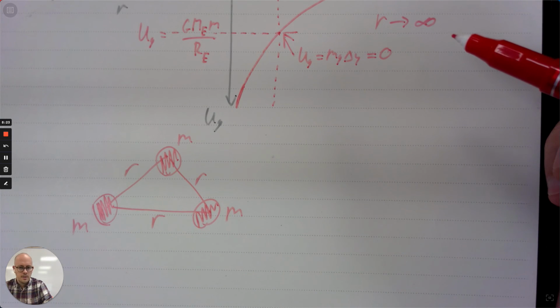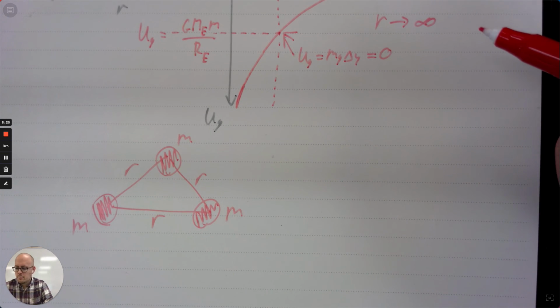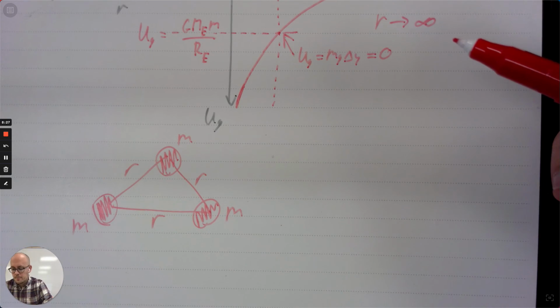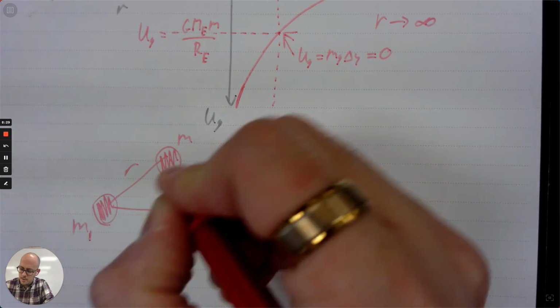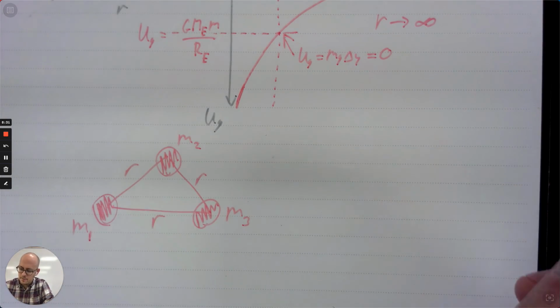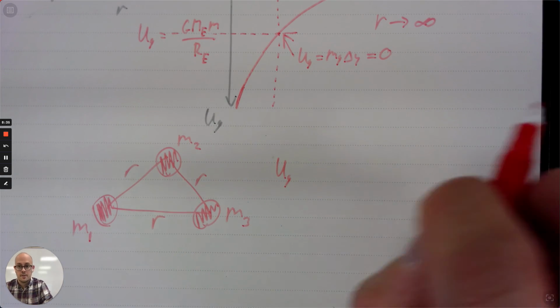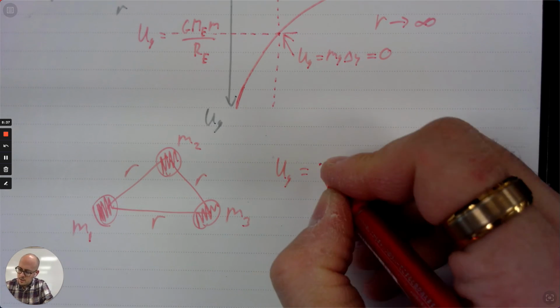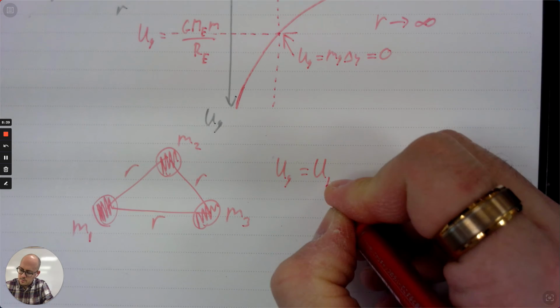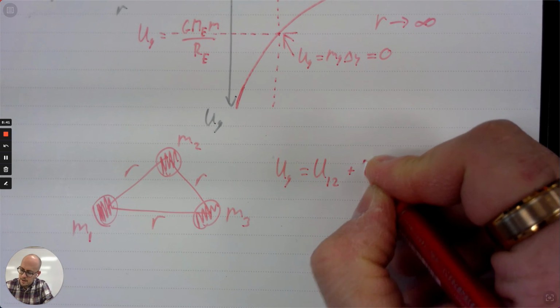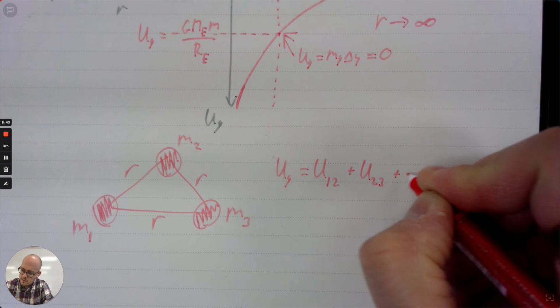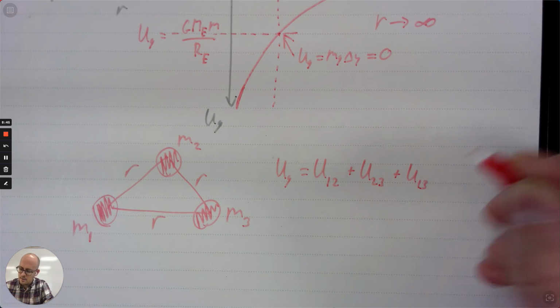And the question is basically how much energy is being stored between them. And so we can call them M1, M2, and M3. The total gravitational potential energy that's being stored between them is, if we tackle each pair individually and add their energies.